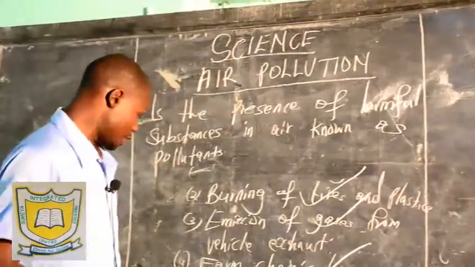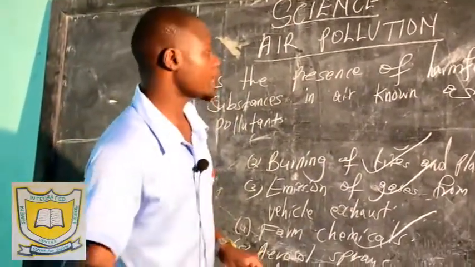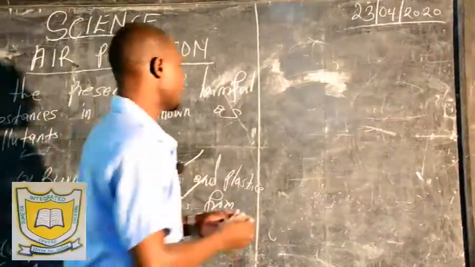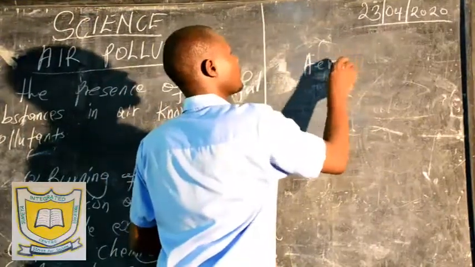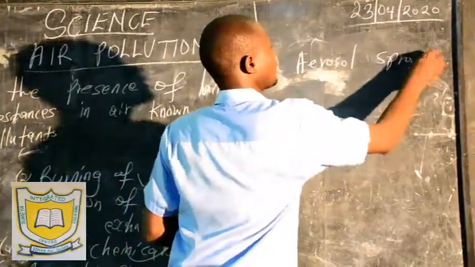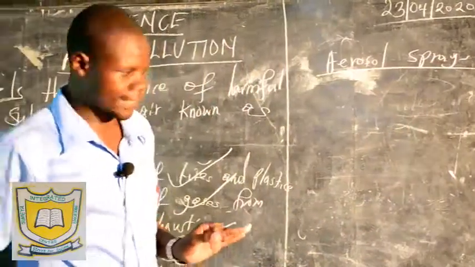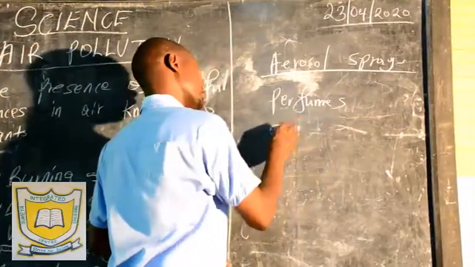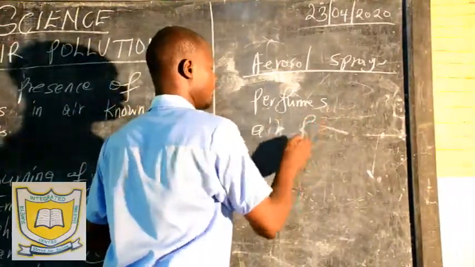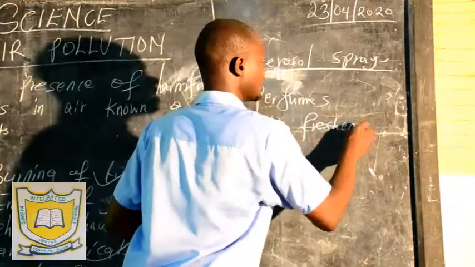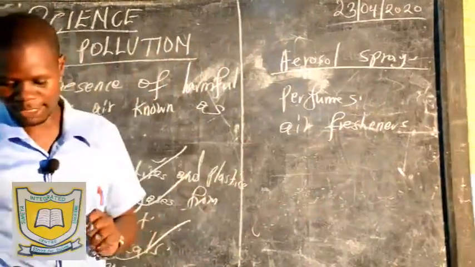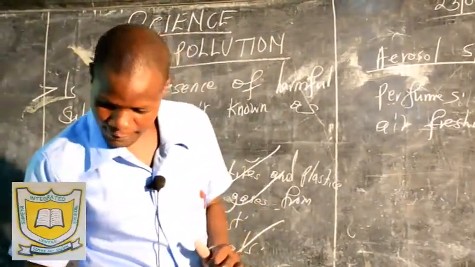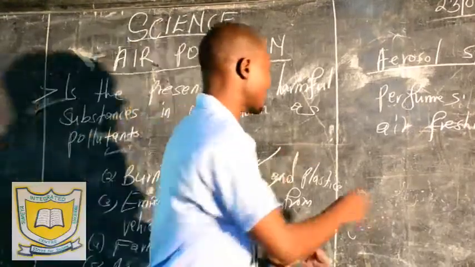Next we have aerosol sprays. Examples of aerosol sprays: we have perfumes, air fresheners, and also insecticides.